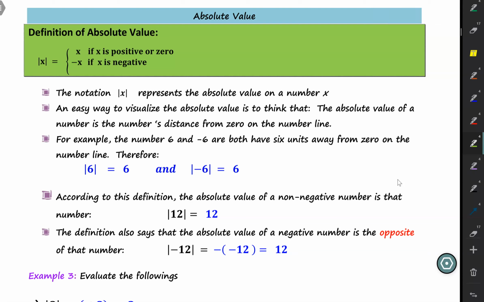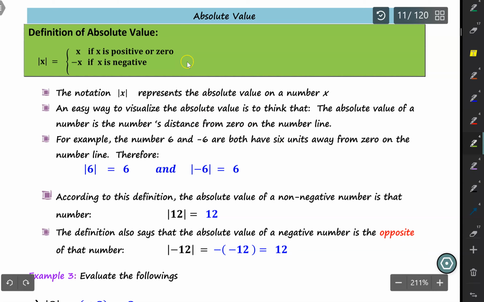So for absolute value, what we have in this particular lesson is I give everyone a definition of absolute values. The notation for absolute values is represented by two short lines.